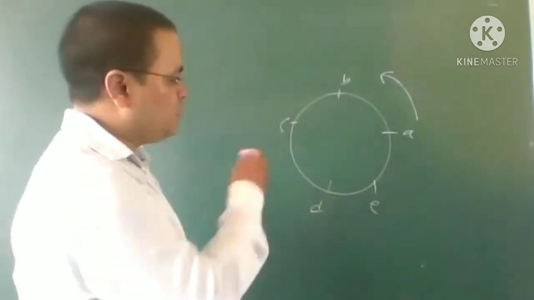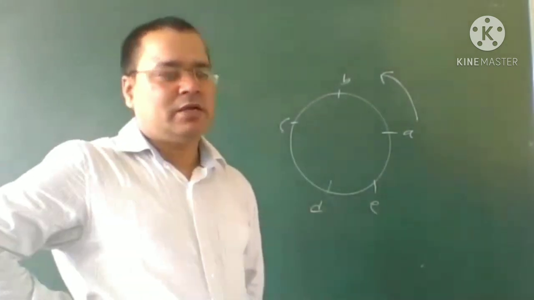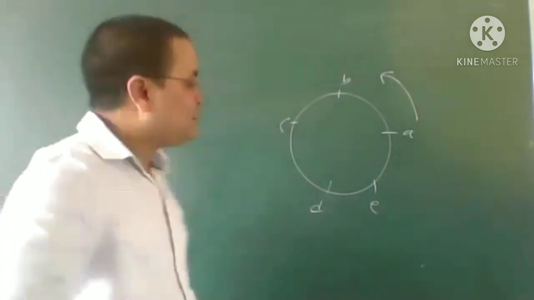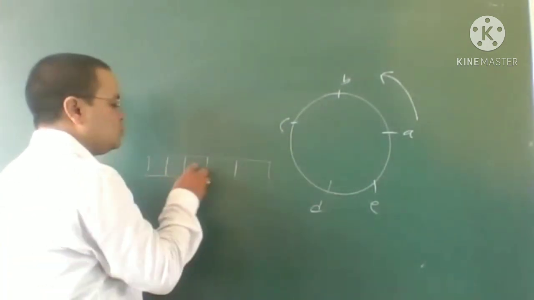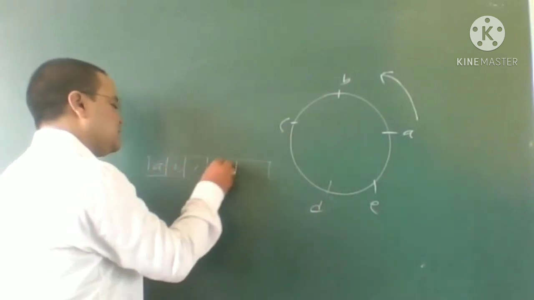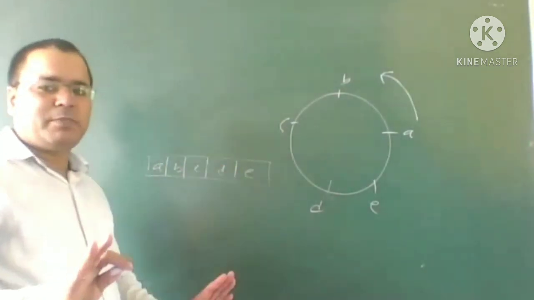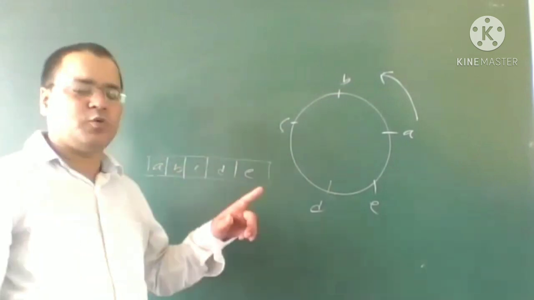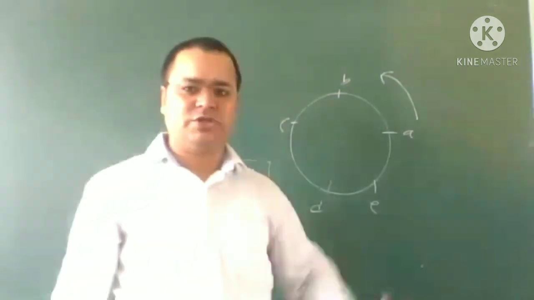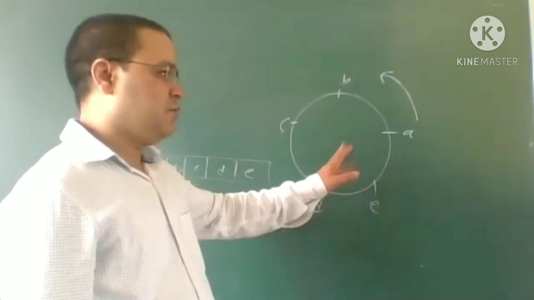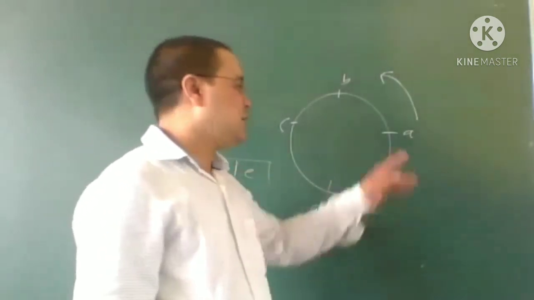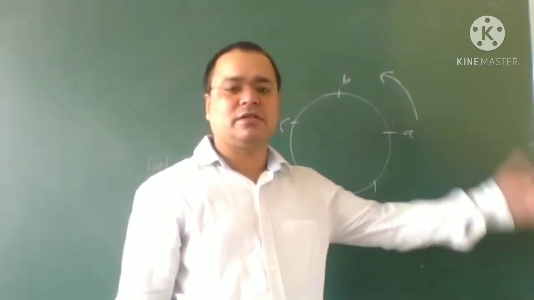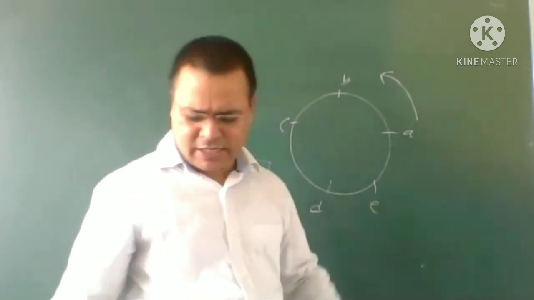Now tell me who is at the first position. It is very difficult to know. If the persons are sitting in a line, 1, 2, 3, 4, 5, here A, B, C, D, it is very simple to say that A is at the first position and E is at the last position. But here we cannot say that A is at the first position, or at the second position, or at the third position. Can we say? No, simply we cannot say.